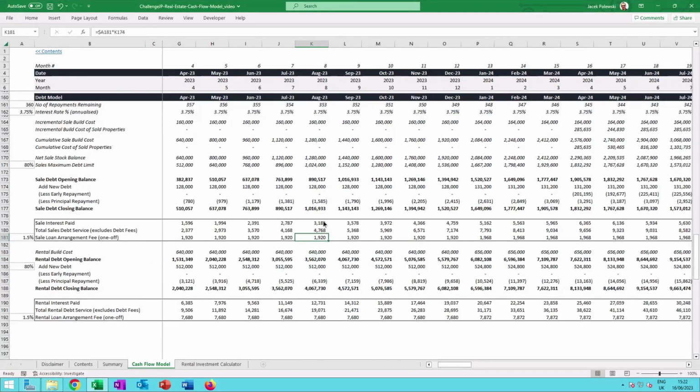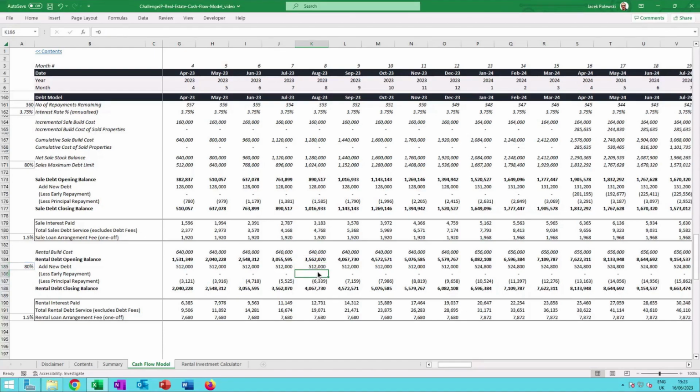The same logic follows for my rental debt. So you'll see that now I know what my build costs allocated to my rental properties are. For example, in this month, in August 23, it's 640,000. Therefore, I'm assuming that I can take 80% of that figure and finance that through debt. I don't have any early repayments.